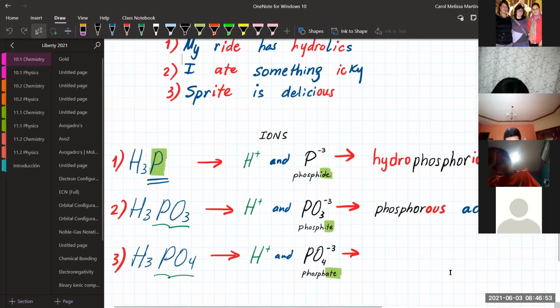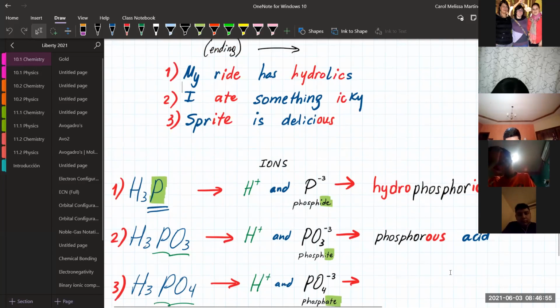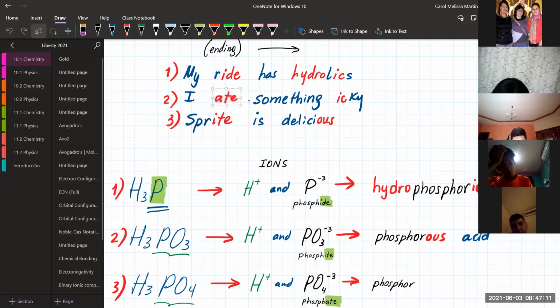ATE, I ate something icky. So you write the special root for phosphorus, that is phosphor, and then the special suffix, ic. Phosphoric acid.